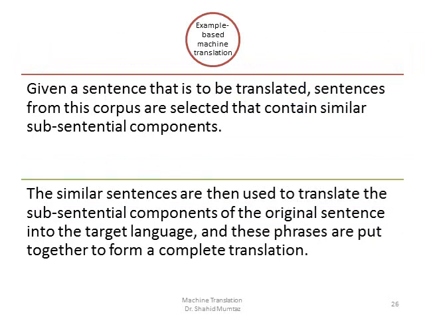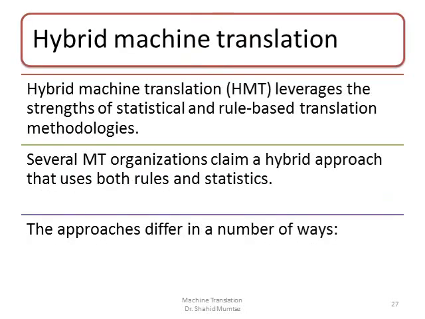Given a sentence that is to be translated, sentences from this corpus are selected that contain similar subsentential components. The similar sentences are then used to translate the subsentential components of the original sentence into the target language, and these phrases are put together to form a complete translation. Now this is very interesting.